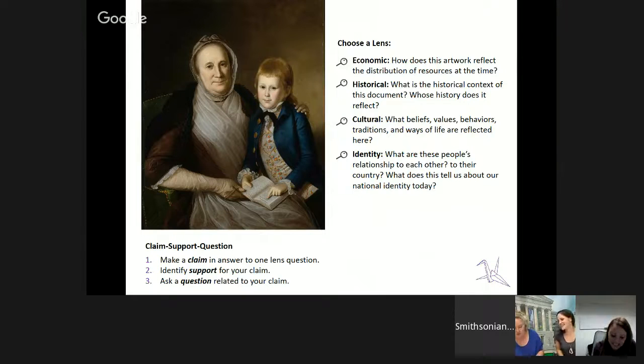So as you're starting to write, I just want to let you know that this is called Claim Support Question, and this is a thinking routine that was developed by Harvard's Project Zero team.